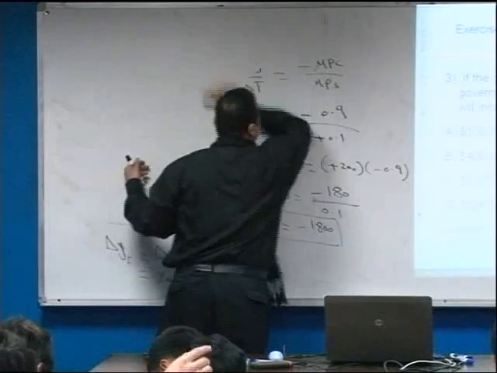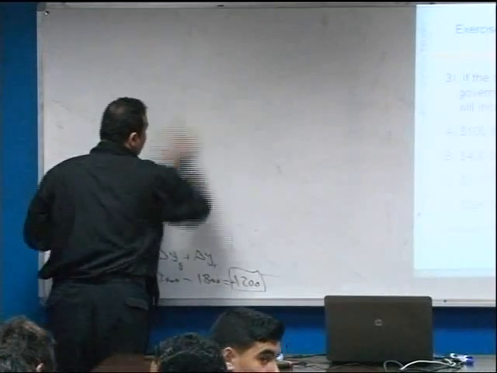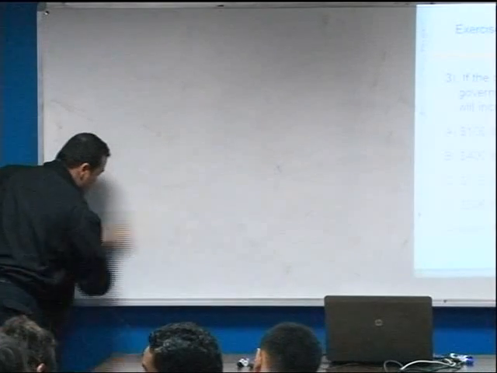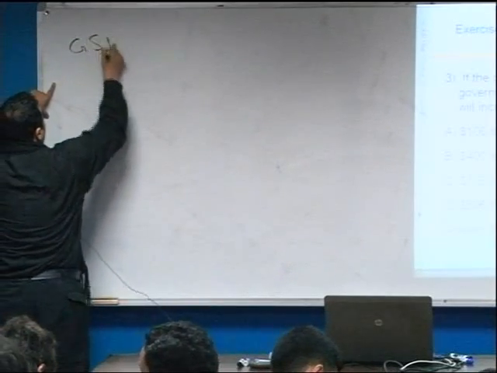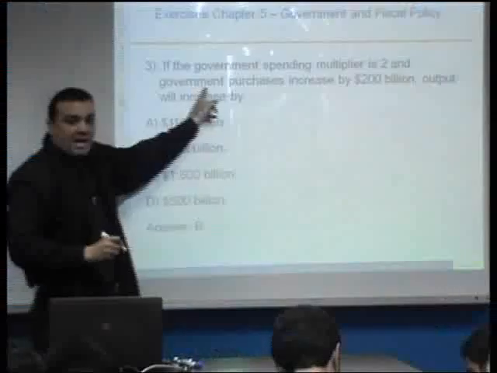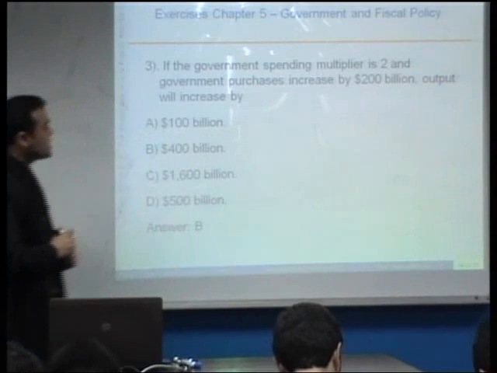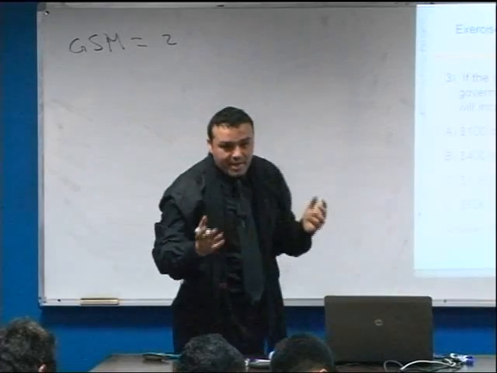So the question is, if the government spending multiplier equals 2, right? And the government purchases increased by $200 million. The question is, the aggregate output would increase by how much?